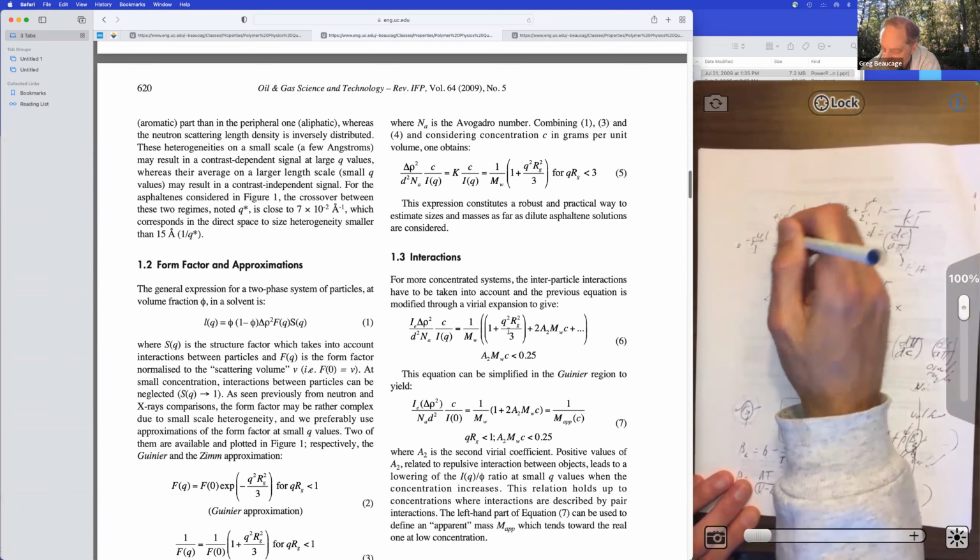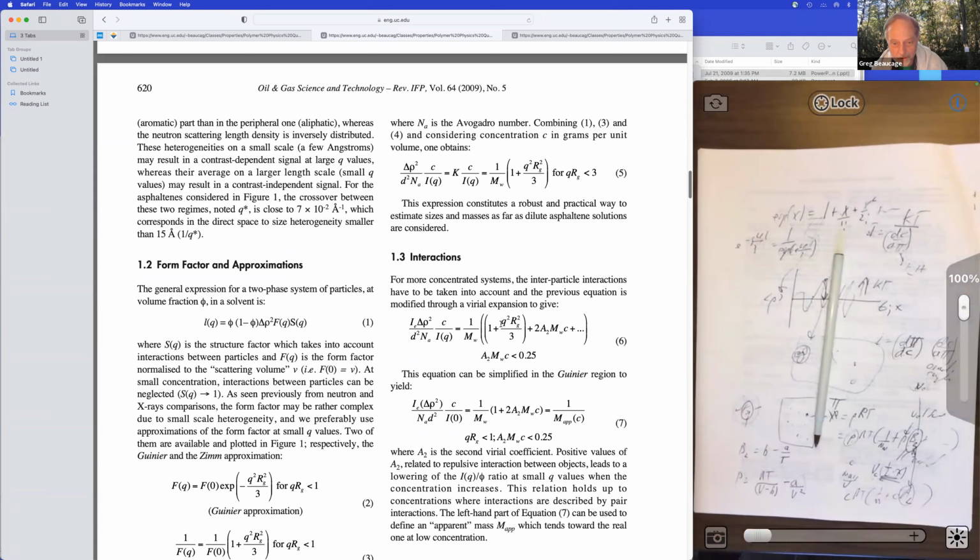So the sign changes, and that's where this 1 plus thing comes from. That's Newton's law. That times this 1 plus 2A2 gives us that term, and then plus this A2 term after. So you extrapolate to zero q, that term goes away, and you just end up with 1 plus this thing that came from the osmotic compressibility.